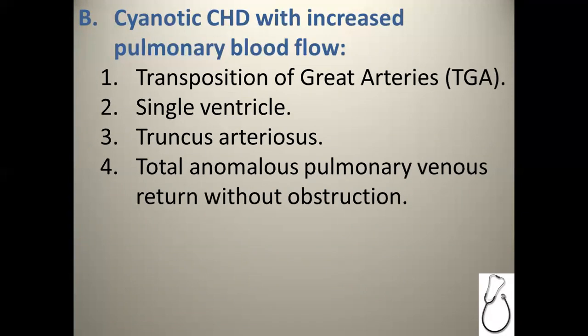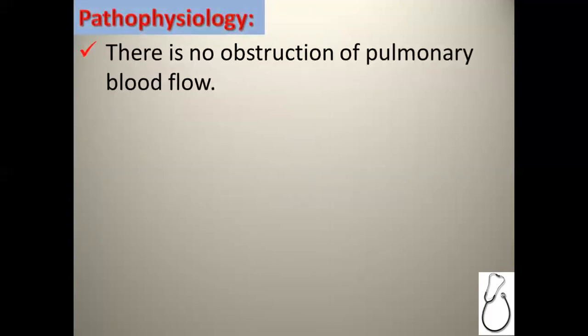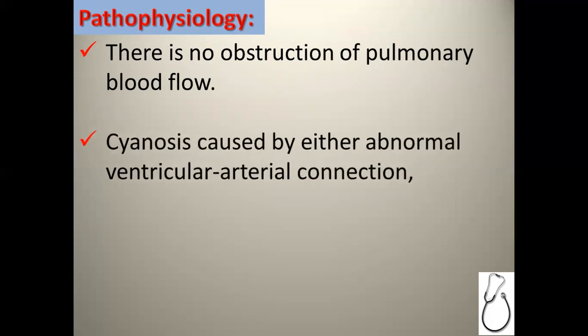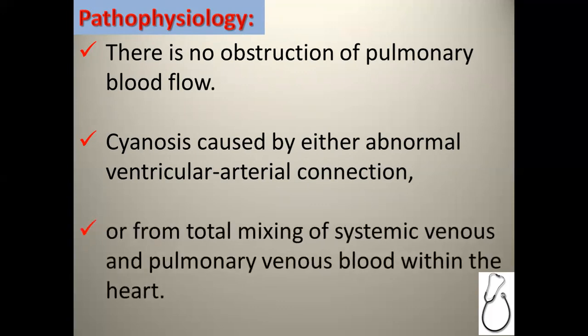Pathophysiology of this group: there is no obstruction of the pulmonary blood flow, and cyanosis is caused by either abnormal ventricular arterial connection or from the total mixing of the systemic venous and pulmonary venous blood within the heart, as in the TGA.